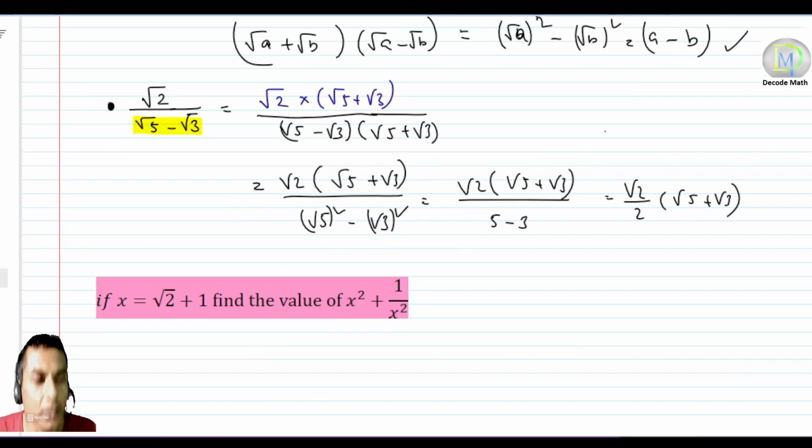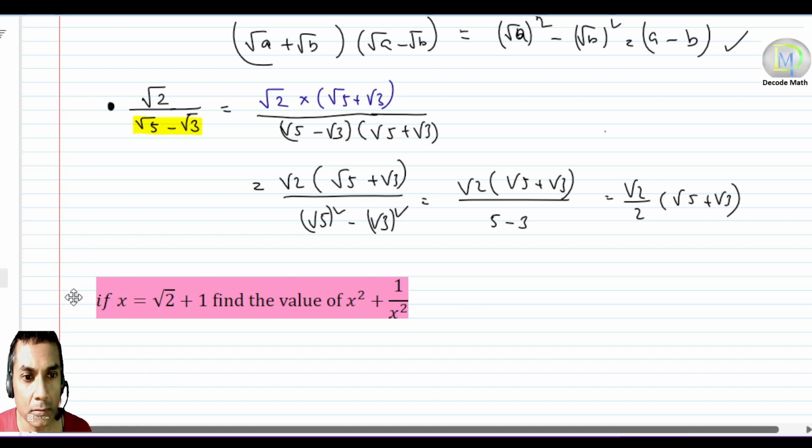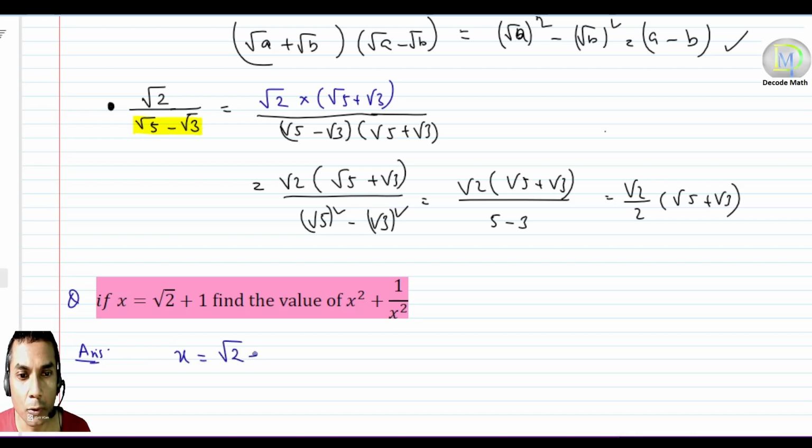Let's solve this question by applying the rationalization method. This is the question. So how can you answer? Here it is given that x is equal to root 2 plus 1. We don't know the value of 1 by x, so we can get it from here, that is 1 over root 2 plus 1.